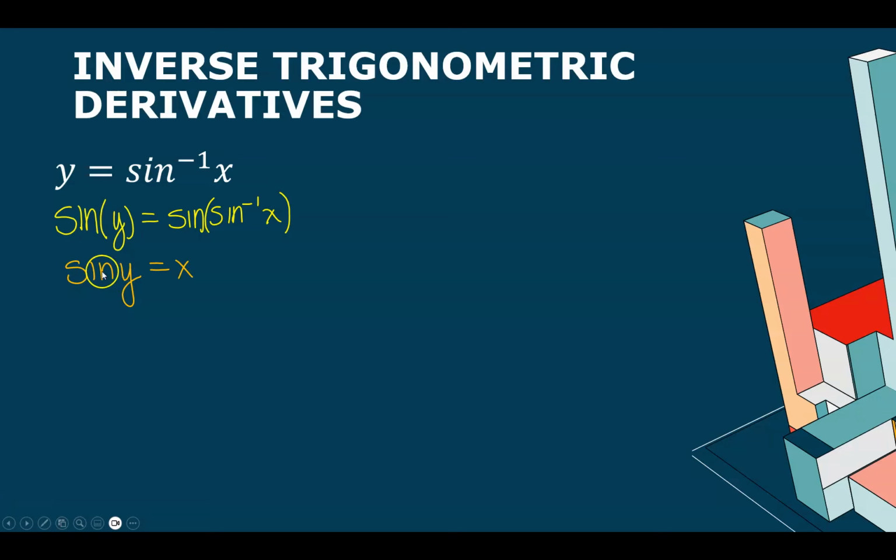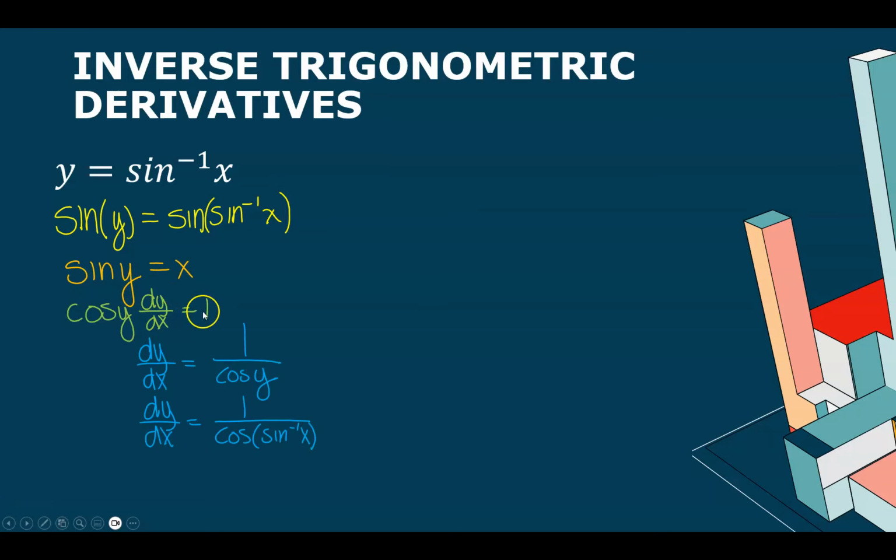Anyways, derivative of sine is cosine, still of y, so chain rule, dy dx, or implicit differentiation, derivative of x is 1. So we want to get dy dx, we divide both sides by cosine of y, and you can either think of that as cosine of y in the denominator, or cosine of inverse sine of x. Y is an angle, inverse sine of x, therefore spits out an angle.